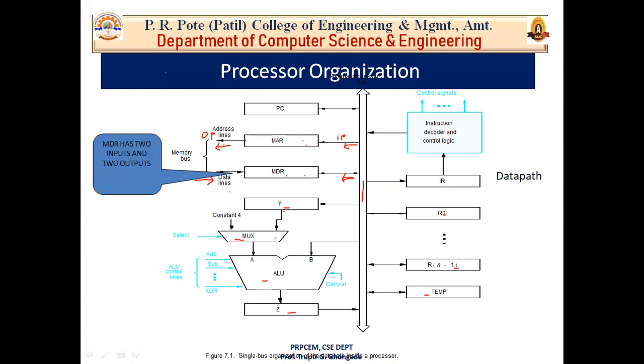Okay, so it will select either the output of register Y as an input or a constant value 4 to be provided as input A to the ALU. If this multiplexer selects this constant value 4 as an input, then this input is given to the arithmetic and logic unit. Okay, and if this multiplexer selects input from Y, then this input will be provided to the ALU. Okay, so multiplexer has two options, either take constant 4 or take output of Y as an input.